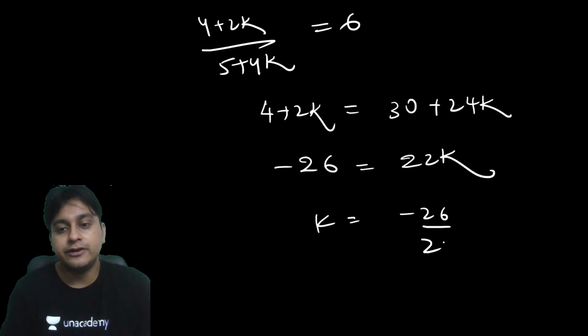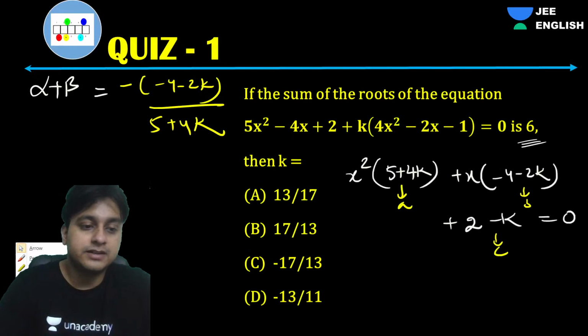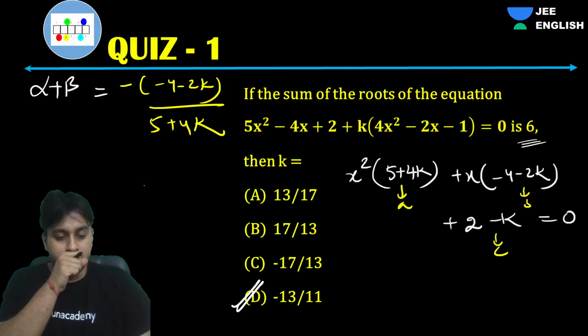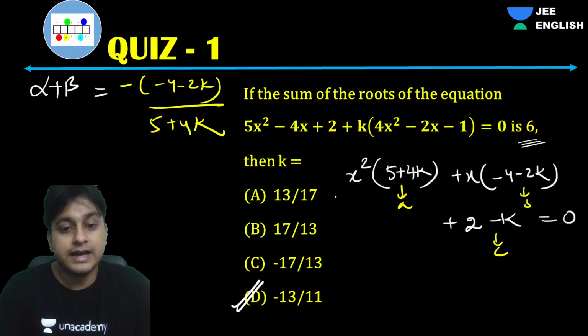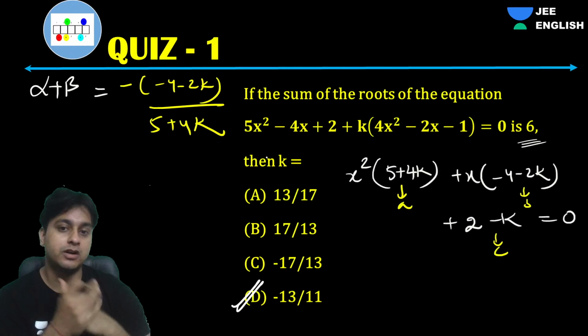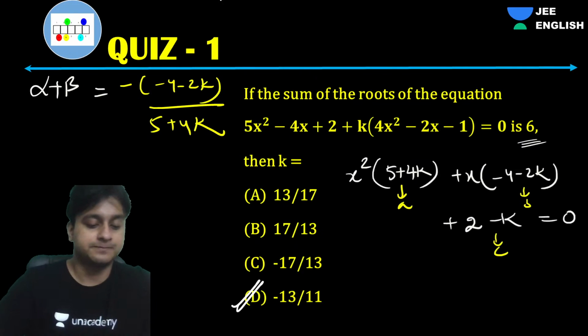Minus 26 by 22, which is minus 13 by 11. Simple. Minus 13 by 11 is the answer. Got it? Great. So guys, first of all, you have to understand that you need this in a proper order. You have to get it in terms of the ax square plus bx plus c kind of form.